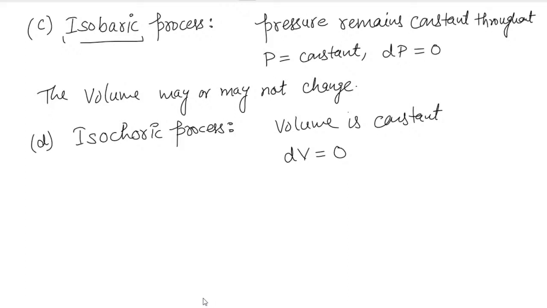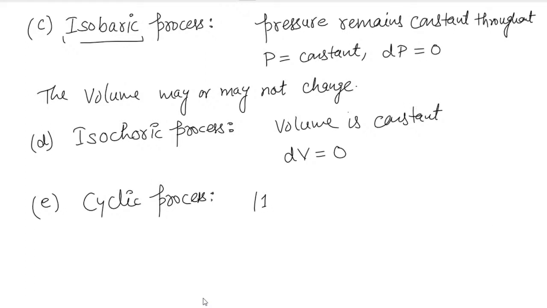So that is called, yes, very good, cyclic process. In a cyclic process, what happens? When a system undergoes a series of changes and finally returns to its initial state.